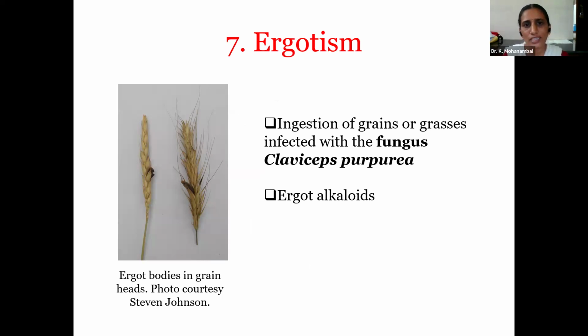Another foremost, very important thing is ergotism, ergot toxicity. It is because of ergot alkaloids. Ergot is a fungus, Claviceps purpurea, which has the toxin, the highly toxic ergot alkaloids. When ergot-infected plants, that is grasses or fodder, are ingested by the animal, it will cause ergot toxicity.